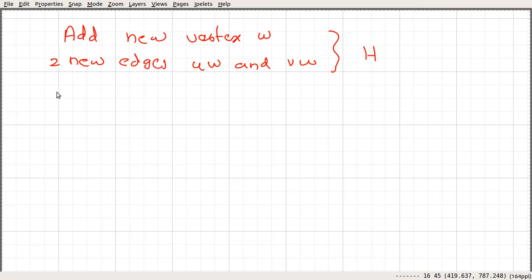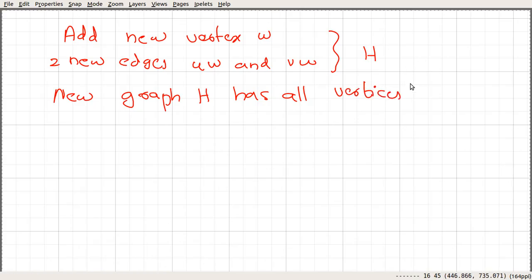If you look into this graph H, you can see that this new graph H has all vertices of even degree. That's what we saw here.